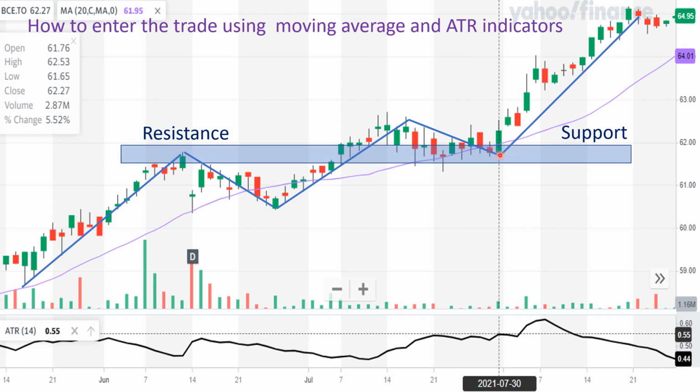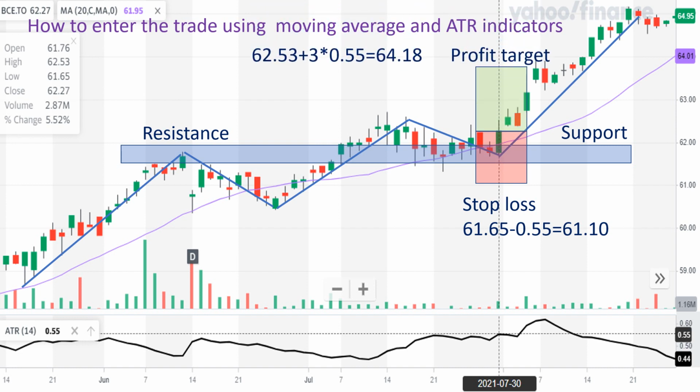So I entered the trade at the close price of this candle. I put my stop loss 1 ATR below the low of this candle, right here, and I put my profit target 3 ATR above the high of this candle, which is right here.